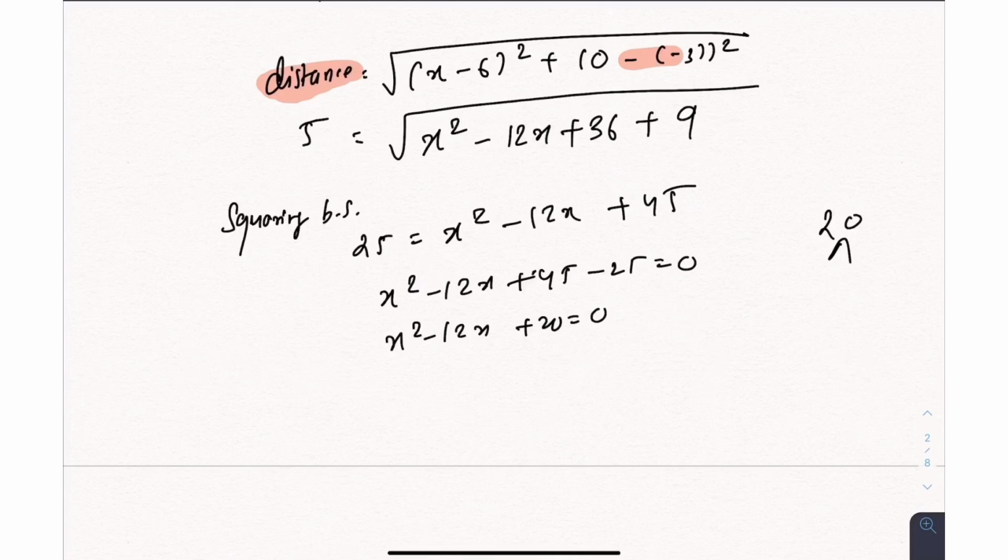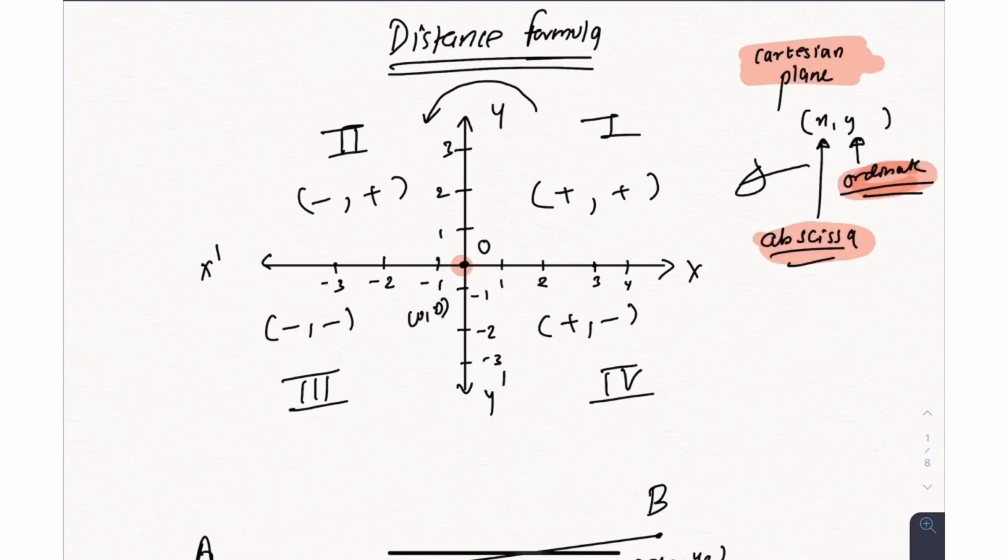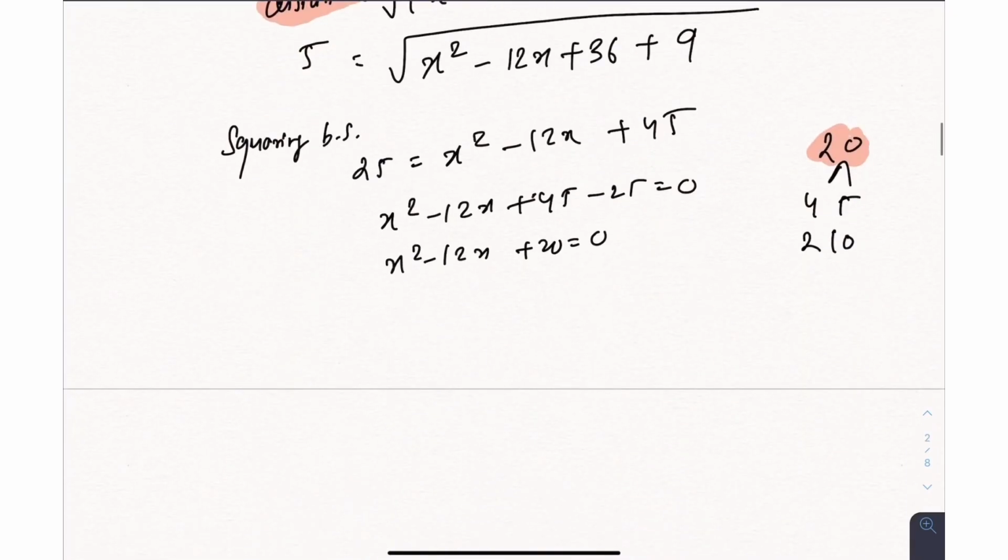Okay. So the different factors are 4 into 5 is 20, 2 into 10 is 20. So we know our product is positive, but the middle term is negative, so both the terms will be negative. Minus 4 minus 5 will give you minus 9, and this will give you minus 12. So this is the correct option, and we have to discard this.